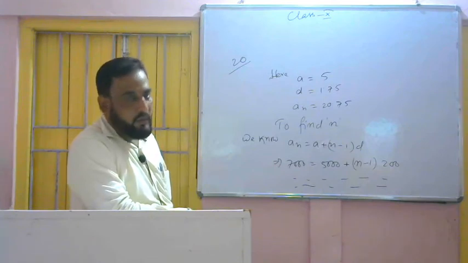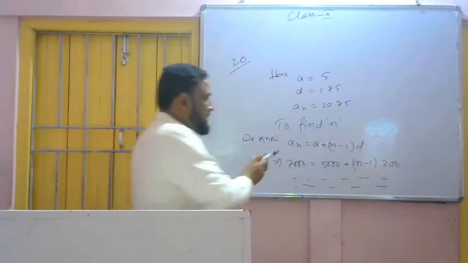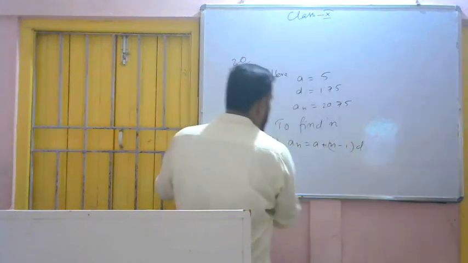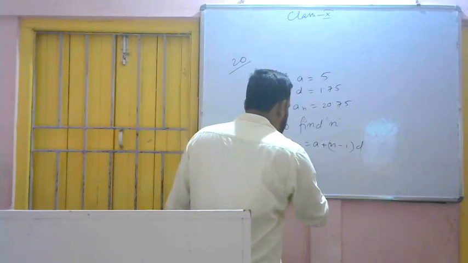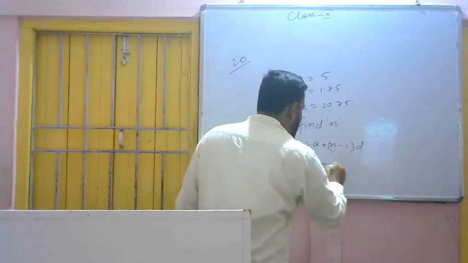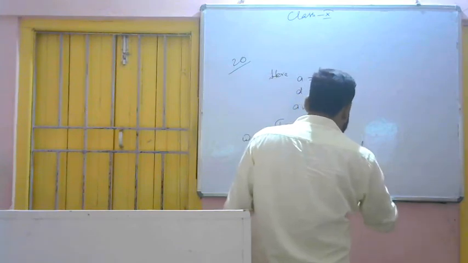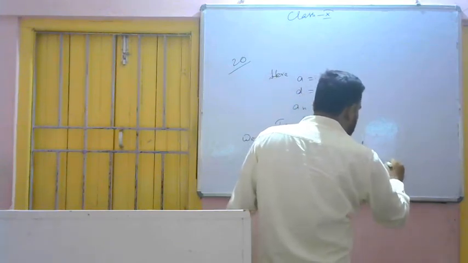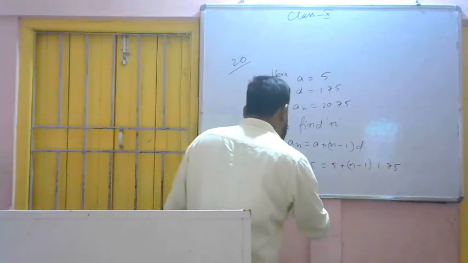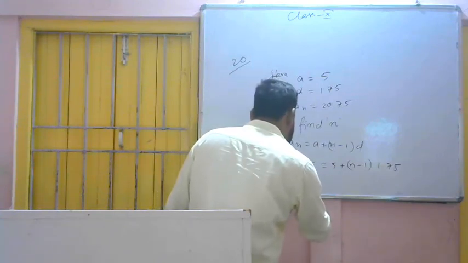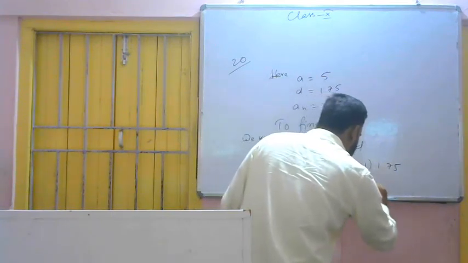What is to be found out? We have to find out n. We know AN is equal to, like this, put the values and you will get the result. So I am helping you. 20.75 is equal to A, which is 5, plus n minus 1 into d, which is 1.75. So let us continue it. 20.75 minus 5 is equal to 1.75 into n minus 1.